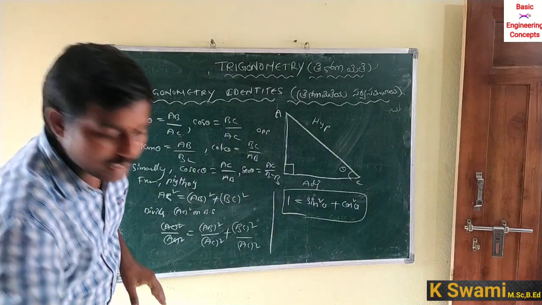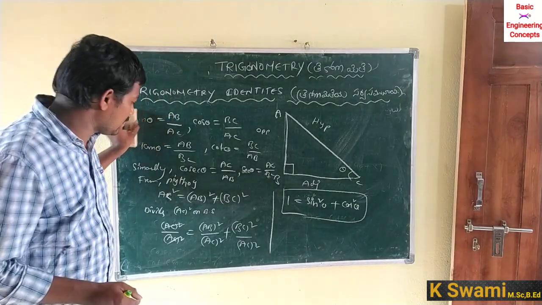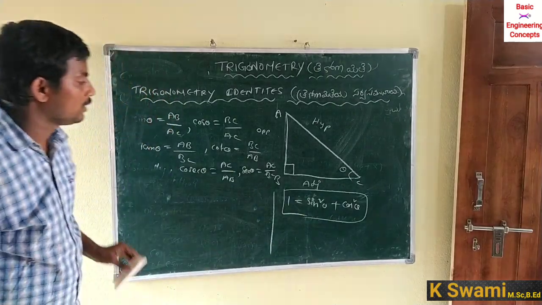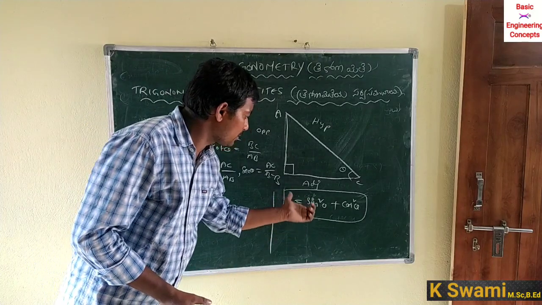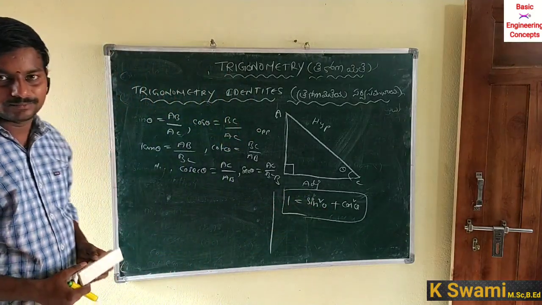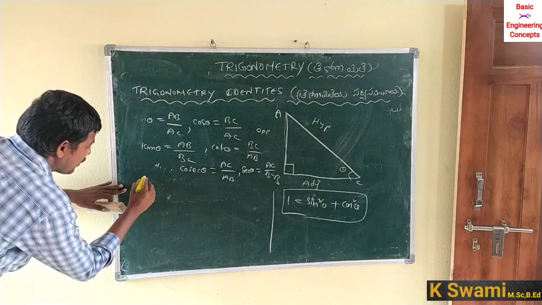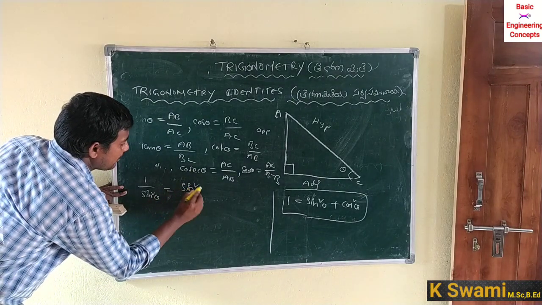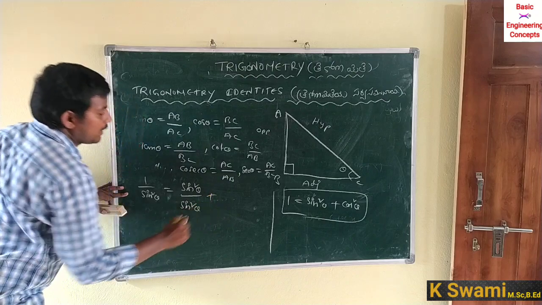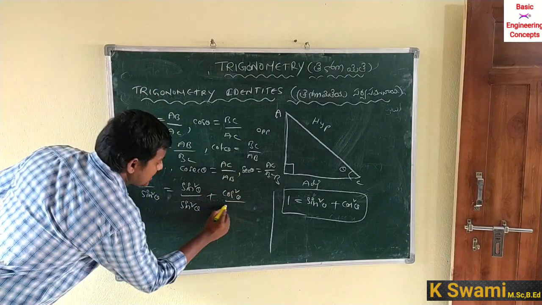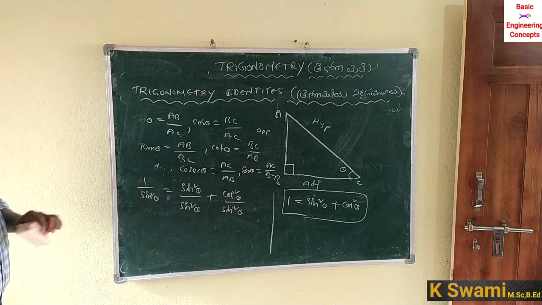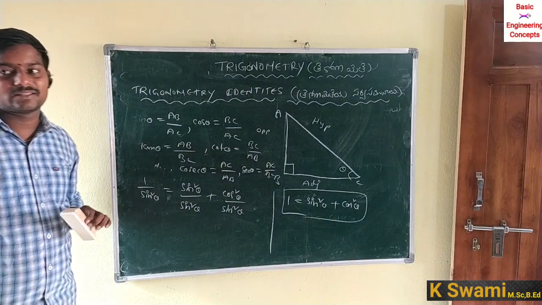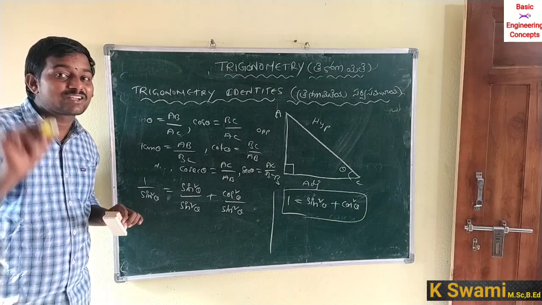So sin square theta plus cos square theta is equal to 1, the first identity of trigonometry. Another identity: from the same Pythagoras theorem, divide both sides by sin square theta. 1 by sin square theta is equal to sin square theta by sin square theta plus cos square theta by sin square theta. 1 by sin square theta is cosecant square theta, because cosecant theta is equal to 1 by sin theta.